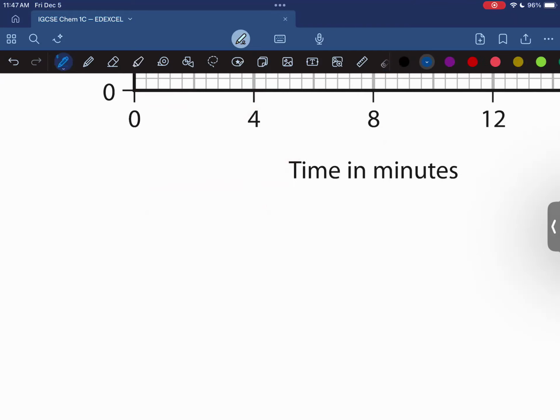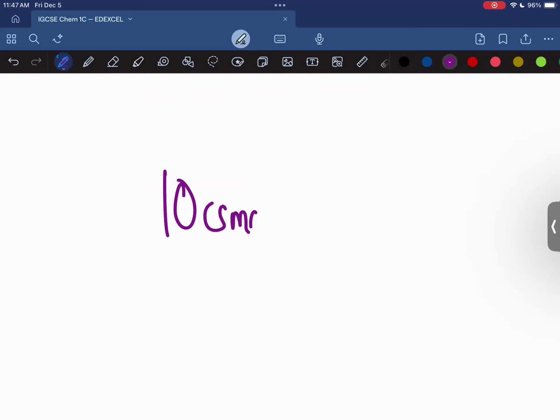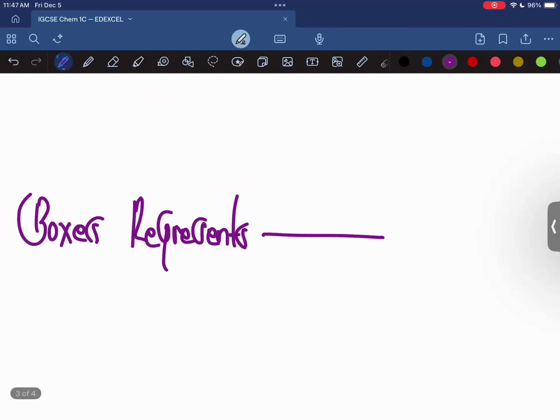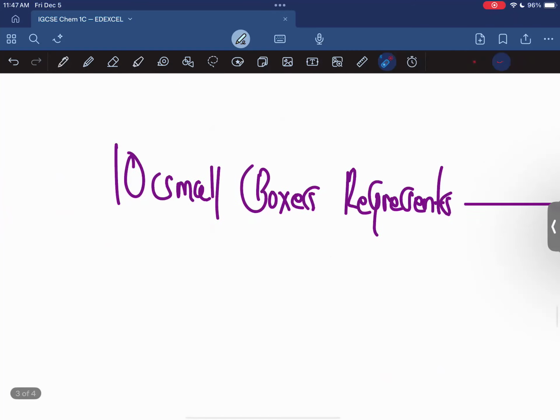Let's use some unitary method knowledge. 10 small boxes represent a value of 4. So what does one small box represent?